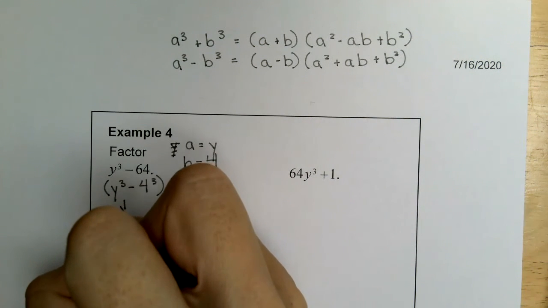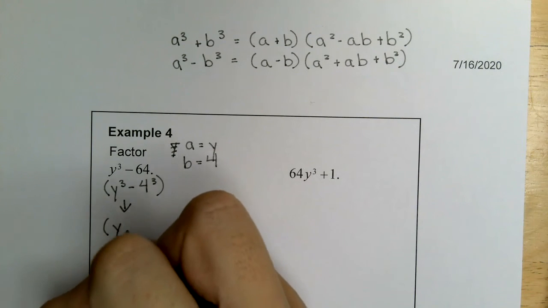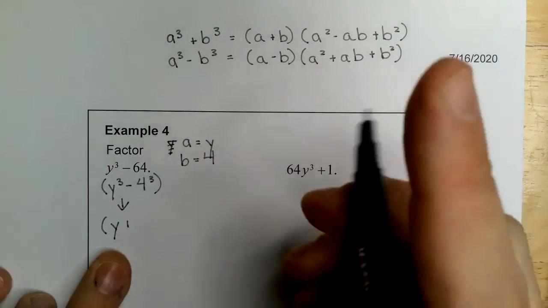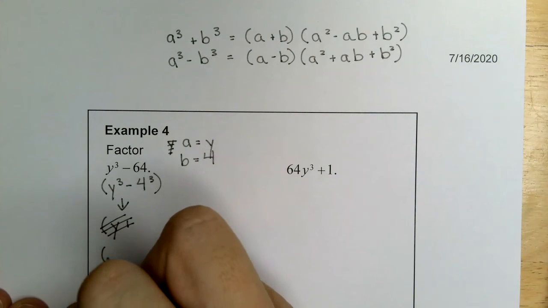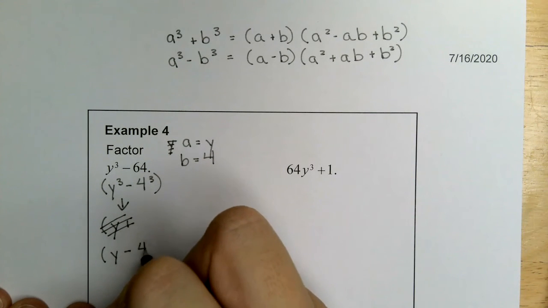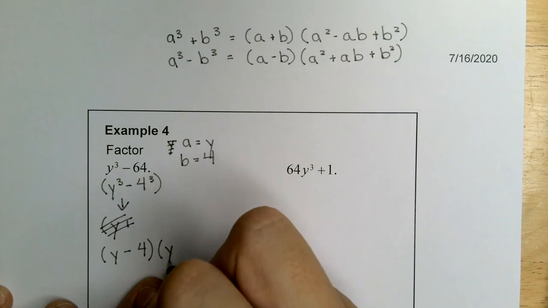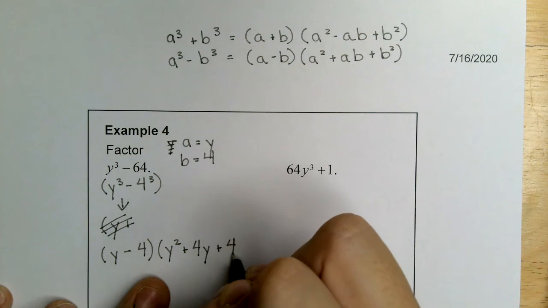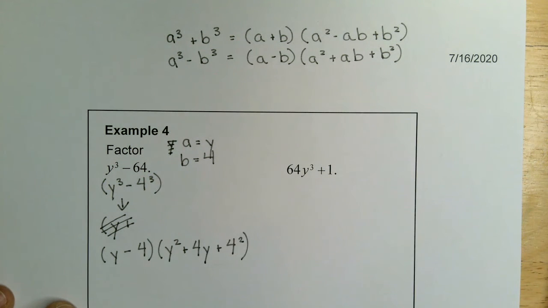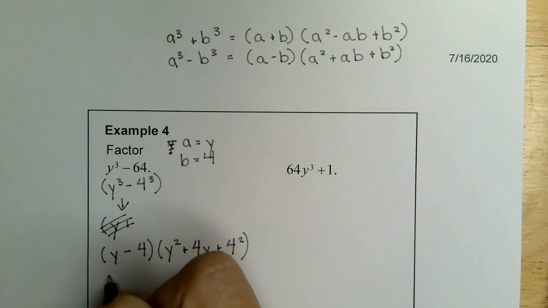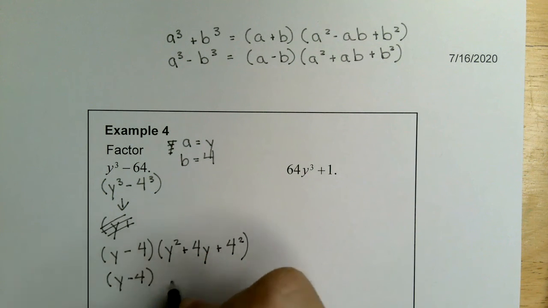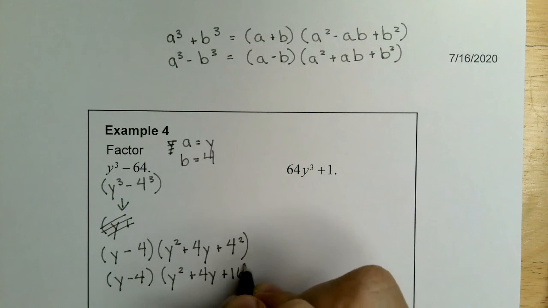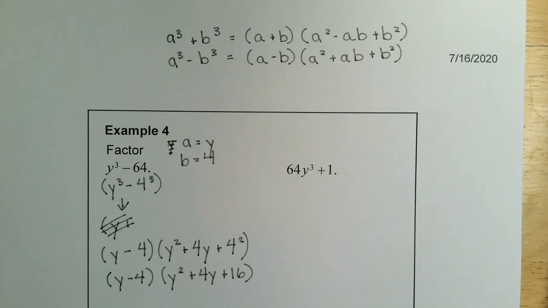So that factors to y minus 4 times the quantity y squared plus 4 times y plus 4 squared. I'll rewrite it one more time. Y minus 4 times y squared plus 4y, and I'm just going to call this 16 so that it's simplified, okay?